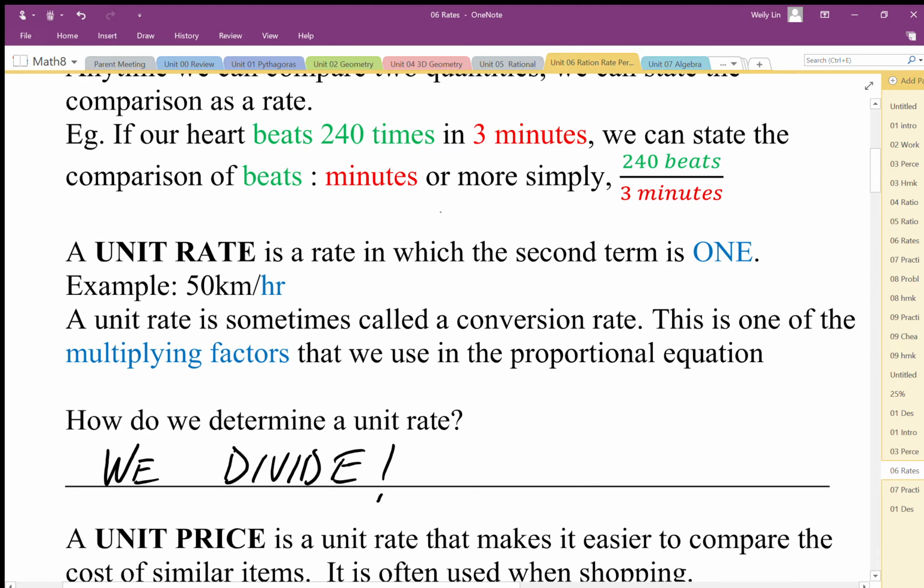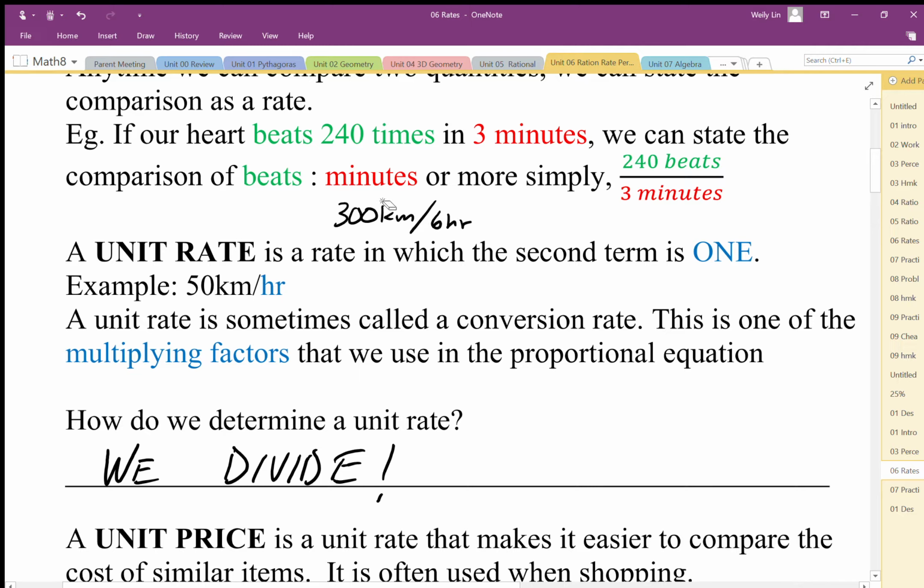So if we want to find a unit rate for velocity, we would measure the unit rate in kilometers per 1 hour. So if I have, for example, 300 kilometers, and I do that in 6 hours, there's my ratio of comparison.